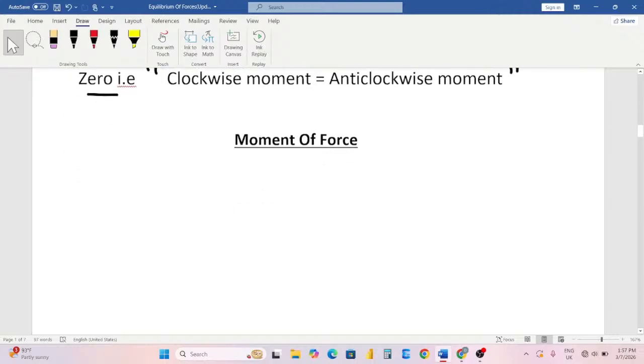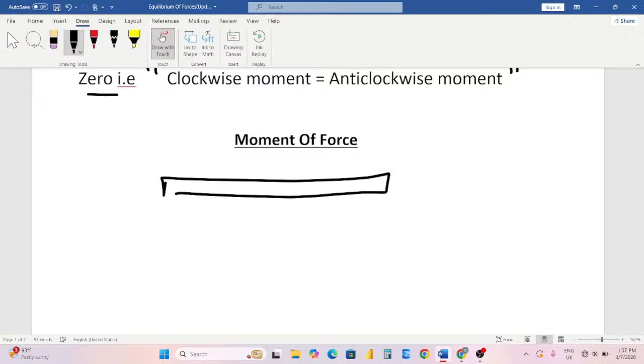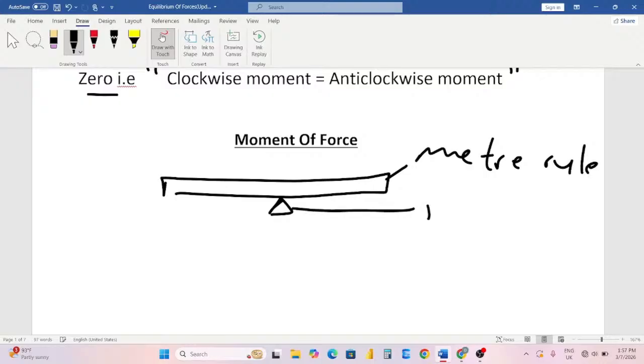So a moment of force is basically defined as the turning effect. So let's say you have this meter rule balanced on this knife edge or balanced on this pivot. You can call it a pivot or a knife edge.